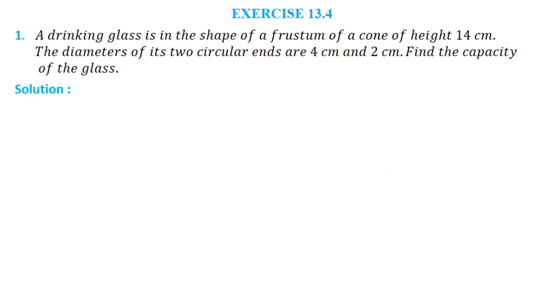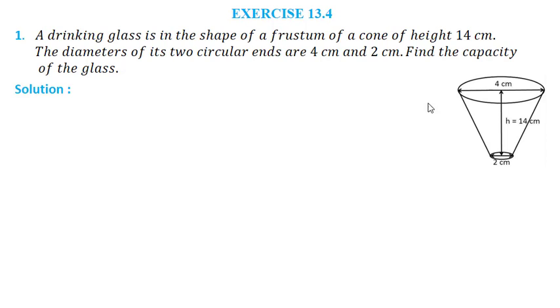Now let us see the problems. The first problem is: a drinking glass is in the shape of a frustum of a cone of height 14 cm. The diameters of its two circular ends are 4 cm and 2 cm. We have to find the capacity of the glass. Now you can see in the diagram, this is in the shape of a frustum of a cone. We are given the diameter at the lower end and upper end, so we can find the radius.